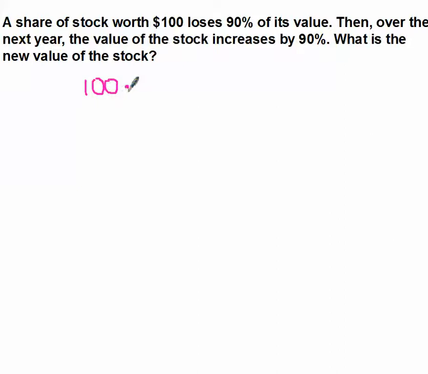unfortunately. So if we have $100 and it loses 90% of its value, that means there's only 10% of its value left. So the amount of money that the share is worth is only $10. It's lost 90% of its value. It's only worth $10 a share now.